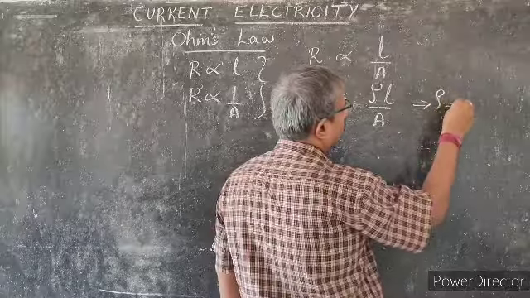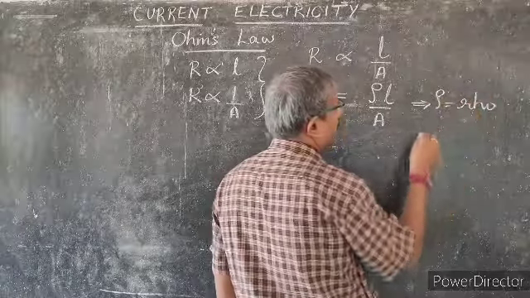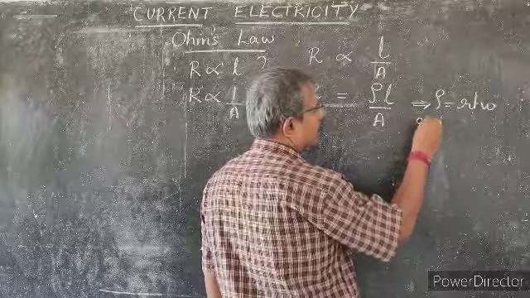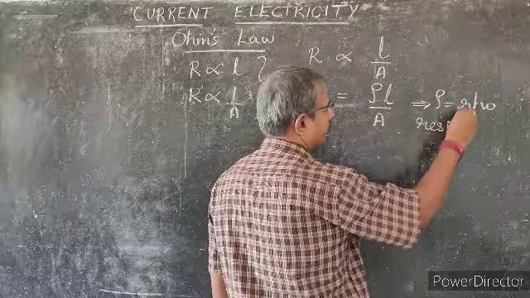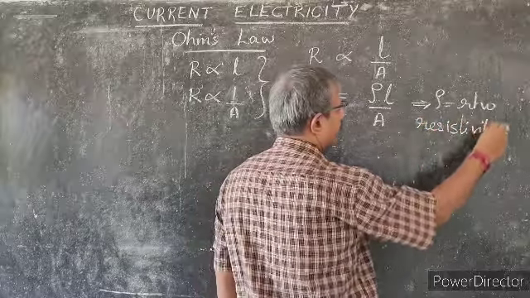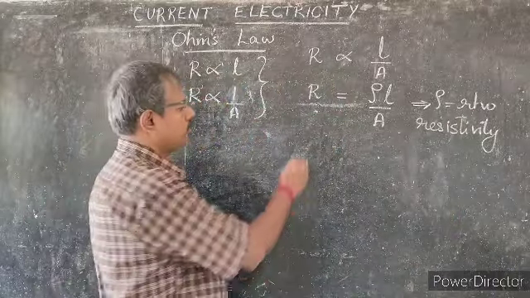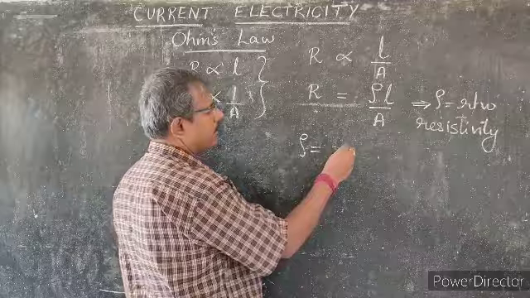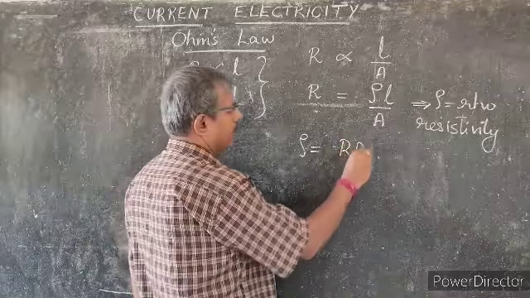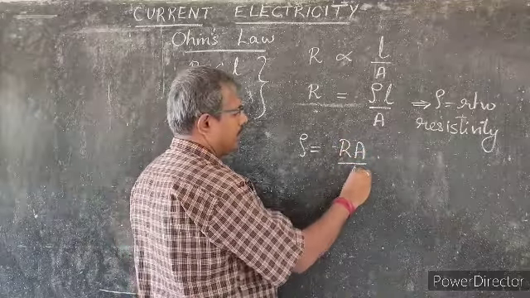Rho is called resistivity. So rho is denoted as RA by L.